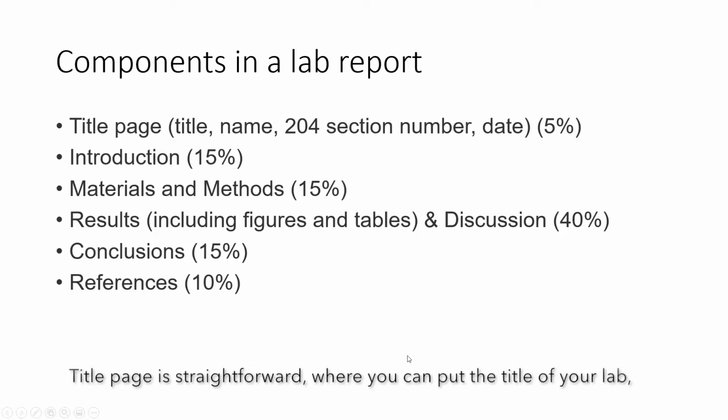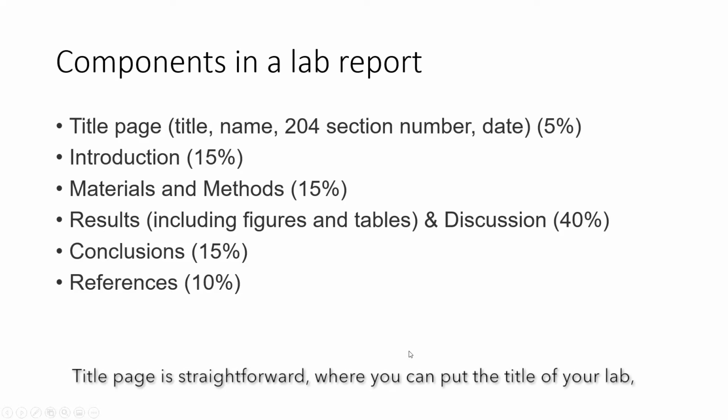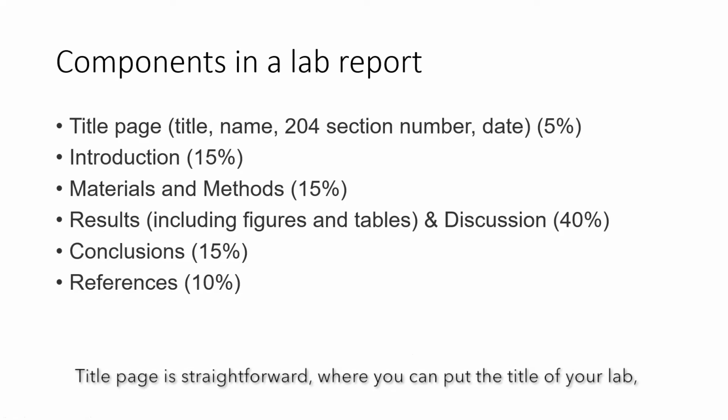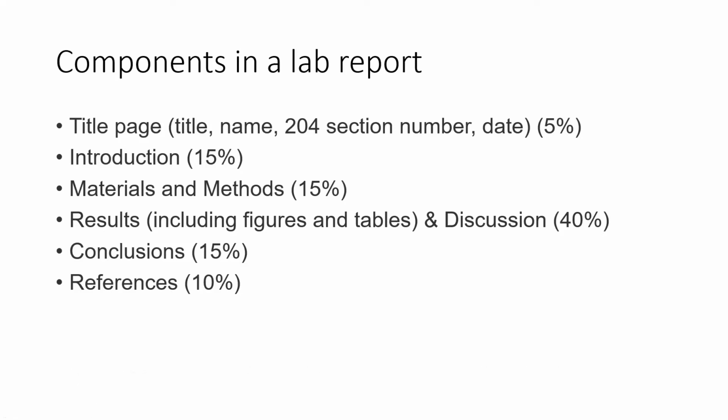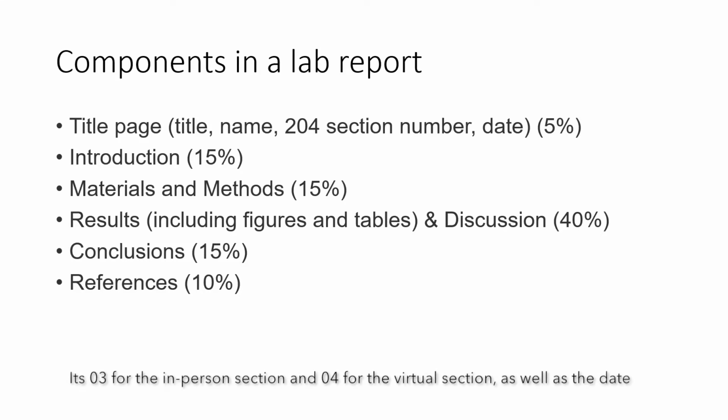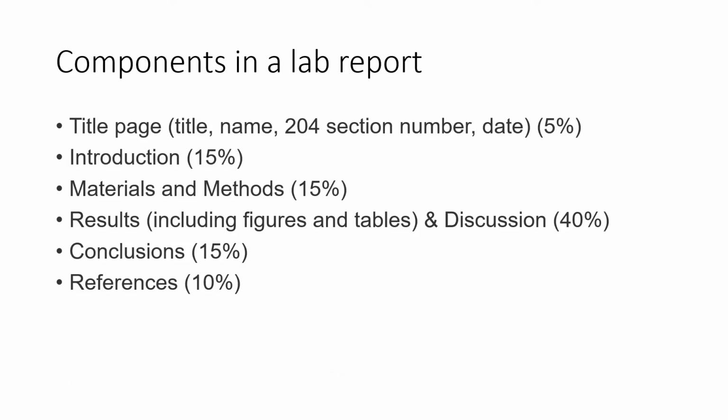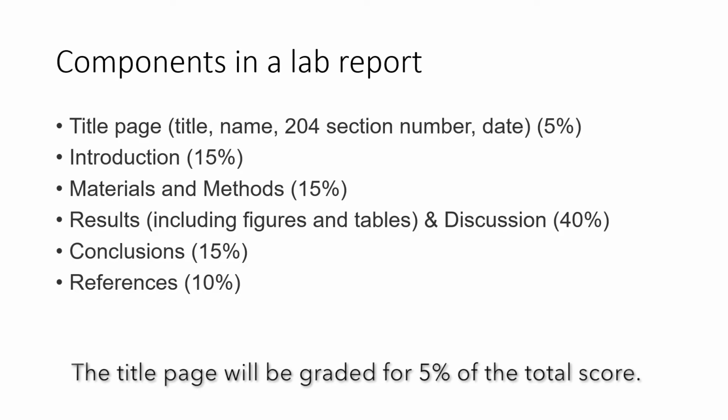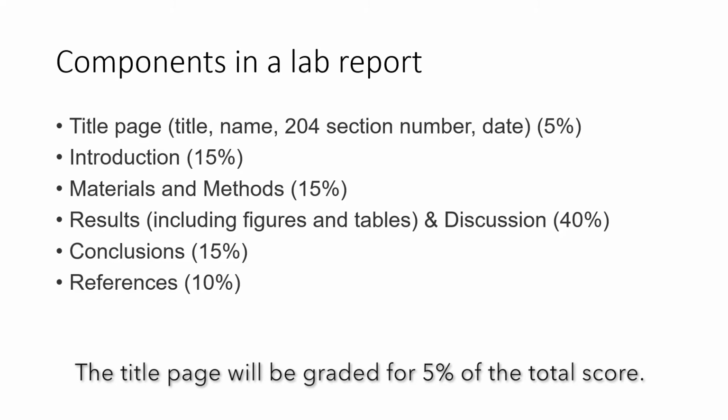The title page is straightforward, where you can put the title of your lab, your name, your section number. It's 03 for the in-person section and 04 for the virtual section, as well as the date. The title page will be graded for 5% of the total score.